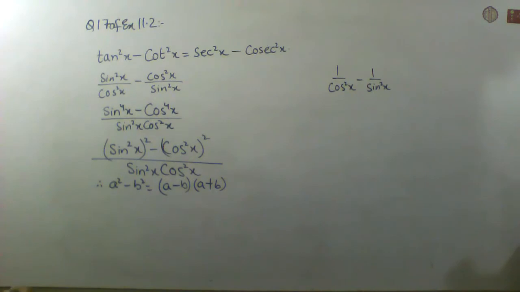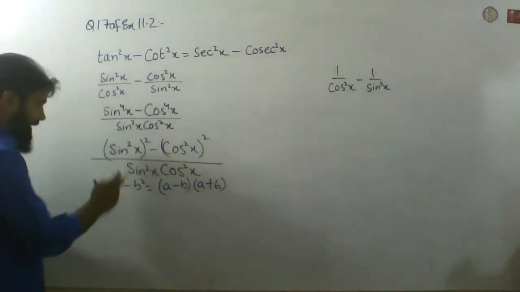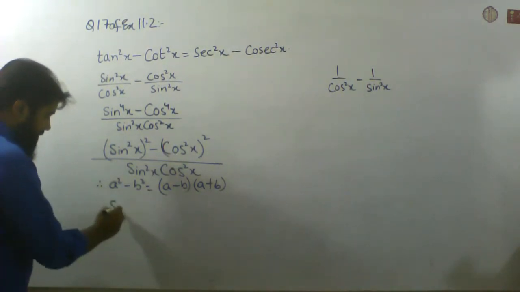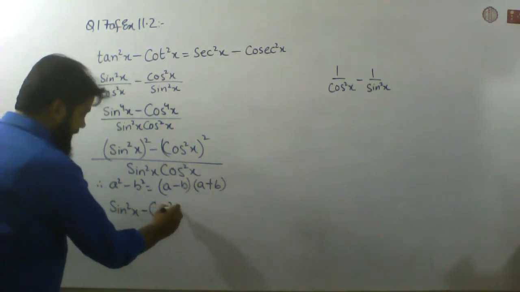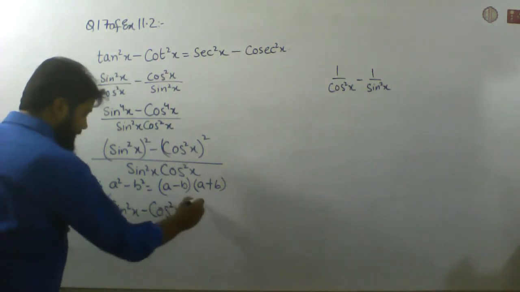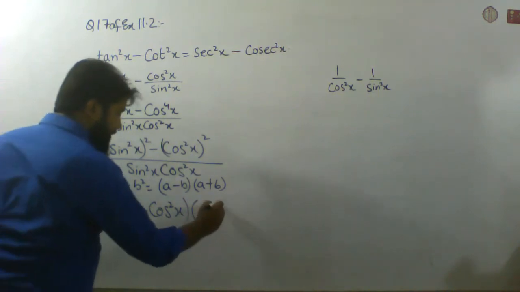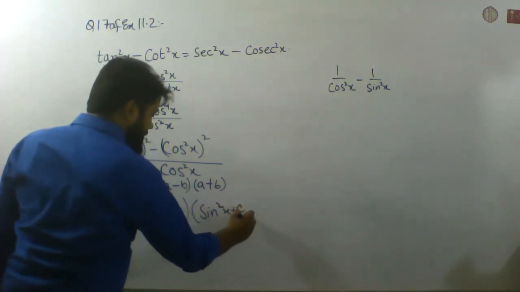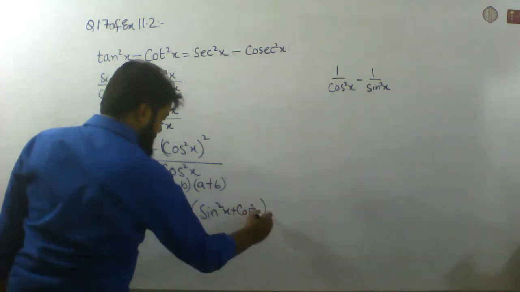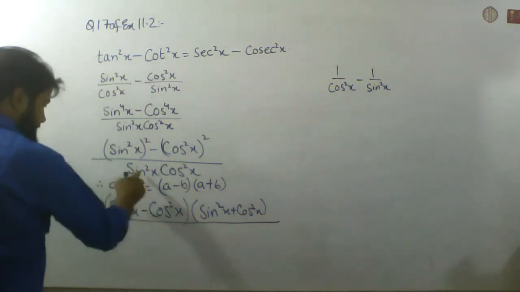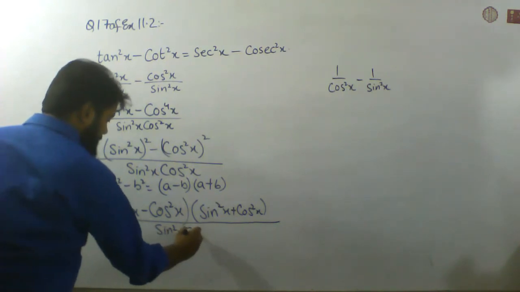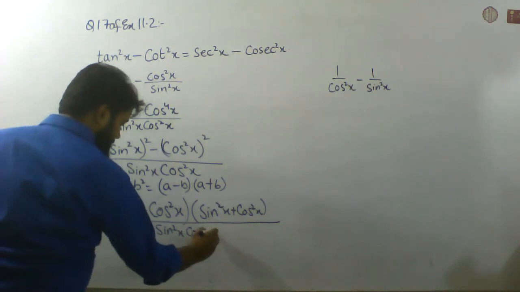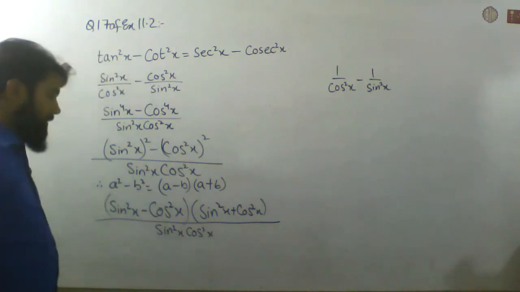Expanding it, this will become sin square x minus cos square x into sin square x plus cos square x, upon sin square x cos square x. This I have got.